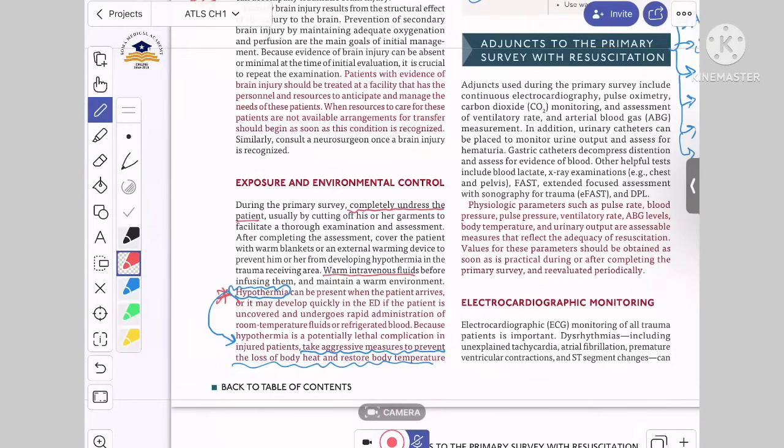Take aggressive measures to prevent the loss of body heat and restore body temperature, by giving warm IV fluid. As you see, I always say give warm IV fluid because this is very often missed in the emergency department.